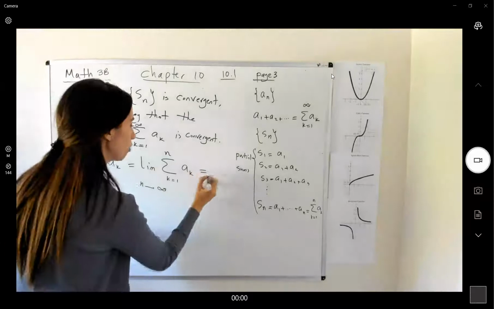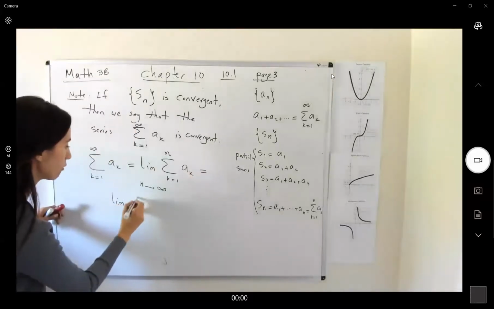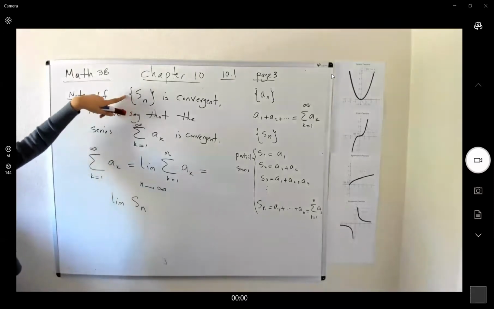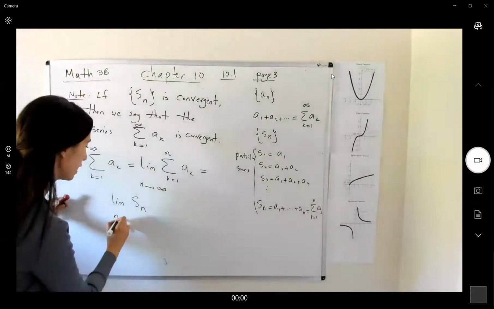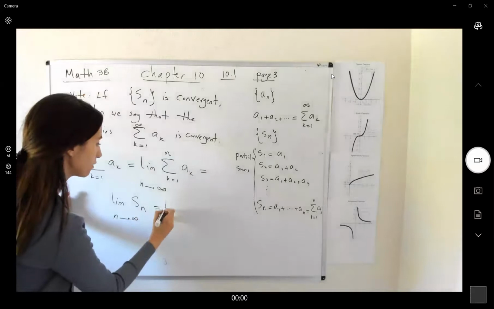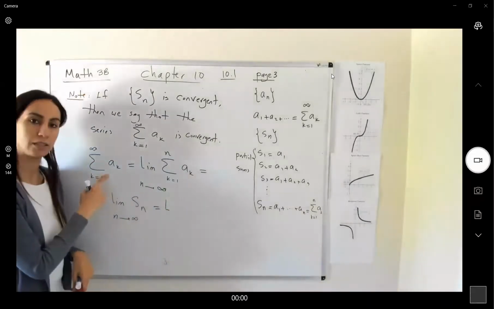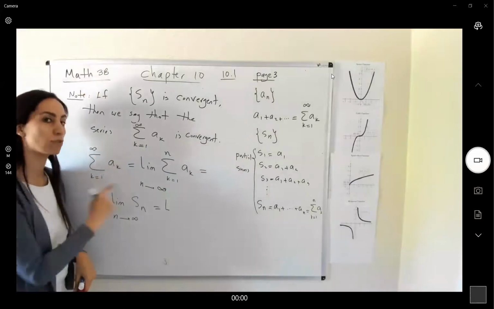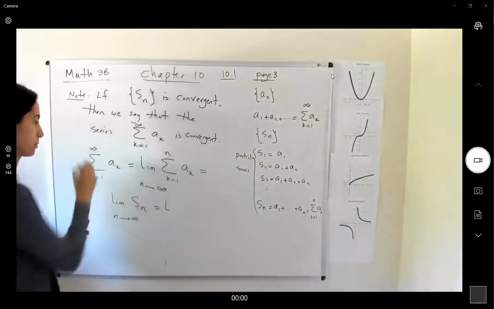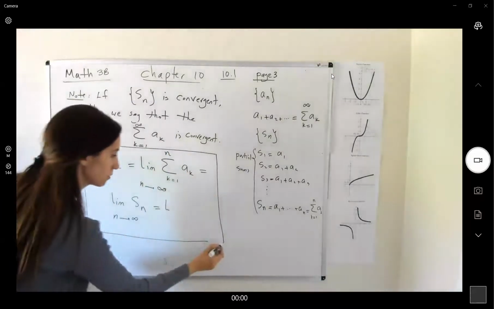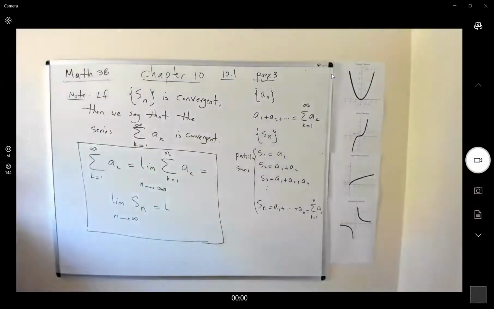This is equal to the limit of S sub n, the sequence of partial sums, while n goes to infinity. If that limit exists and is equal to L, it's exactly the limit of your infinite series. Otherwise, you say that the series is a divergent series.